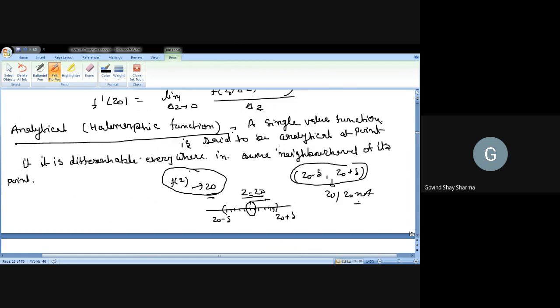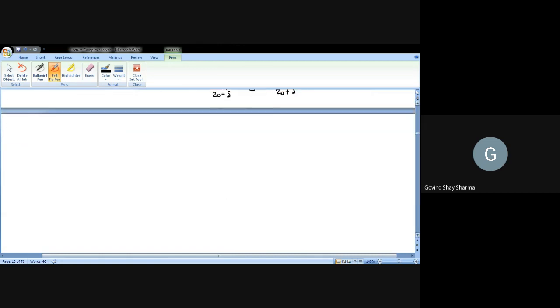Now we show some necessary conditions. The necessary condition is nothing but the Cauchy-Riemann equation.